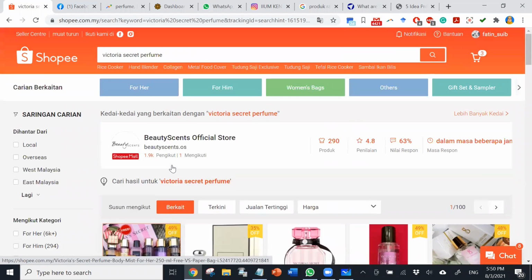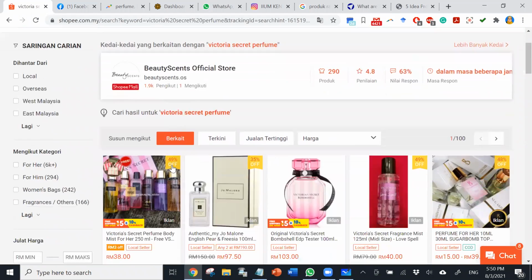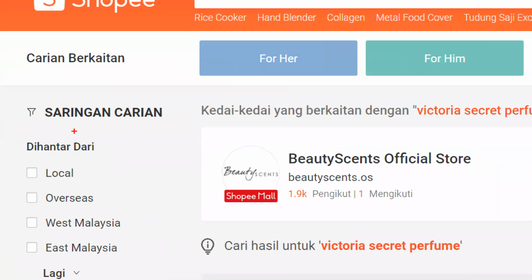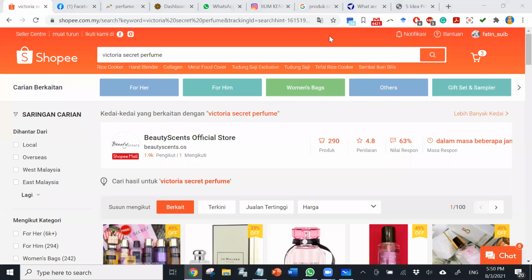If you want to find a supplier from outside, meaning overseas, because sometimes overseas gives you the best price, what you need to do is go to the filter, the saringan carian, which means filter. I don't know how to change my Shopee into English. So you click on overseas.